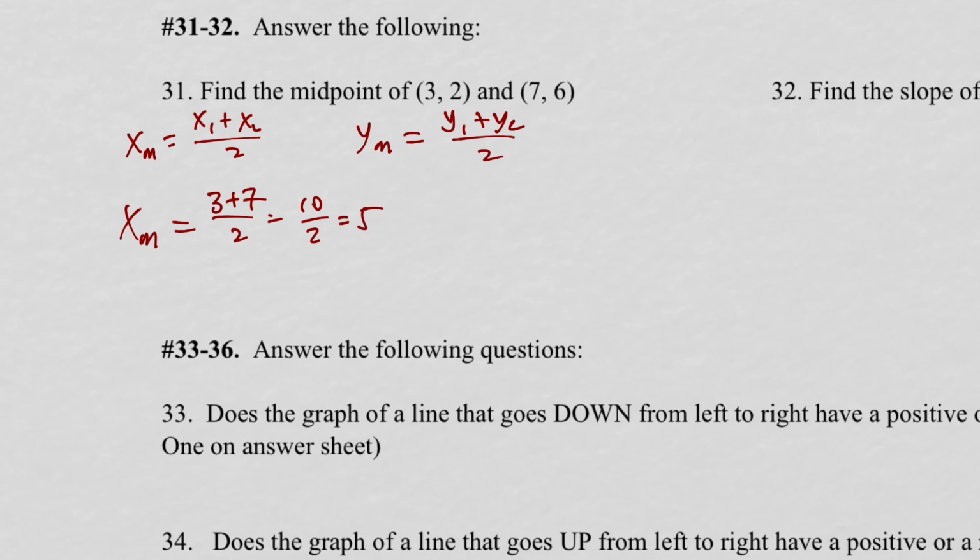For the y value of the midpoint, it's y1 plus y2, which is 2 plus 6 over 2. So the midpoint that we're after is 5 for the x and 4 for the y.